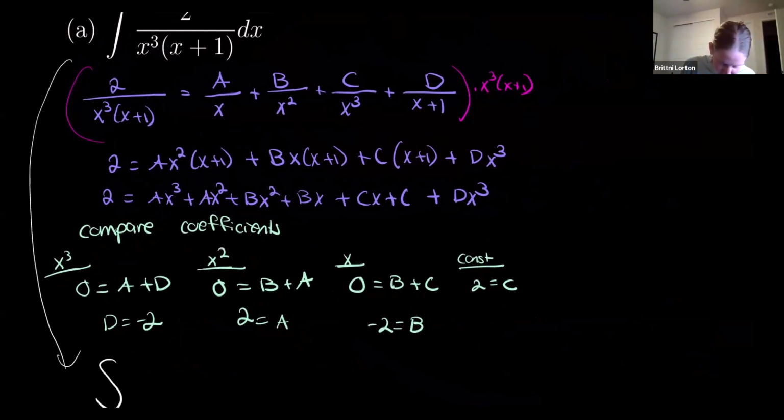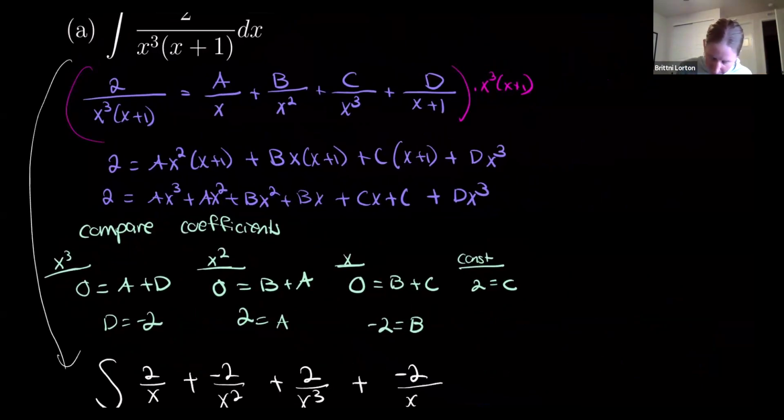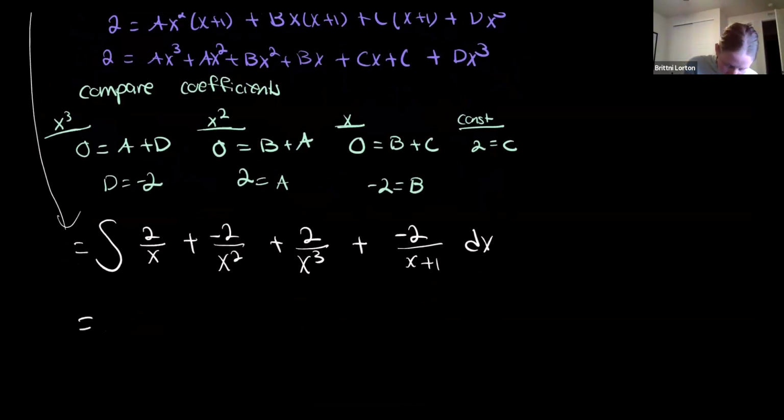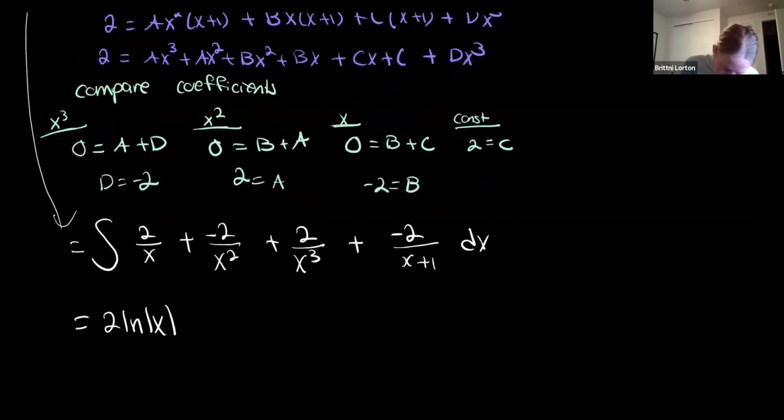That is going to turn into the integral of a over x plus b over x squared plus c over x cubed plus d over x plus 1. Okay, let's actually do that integral. So that's going to become, the linear is easy, so 2 ln of x. But then negative 2 over x squared, in your head, you should be thinking of that as negative 2x to the negative 2. And then you would add 1 to the power and divide by the new power.